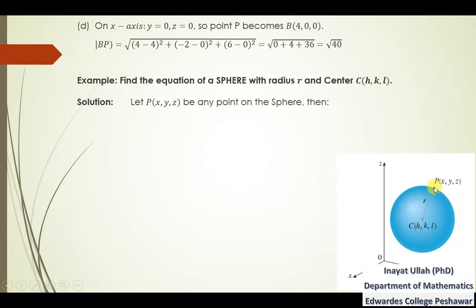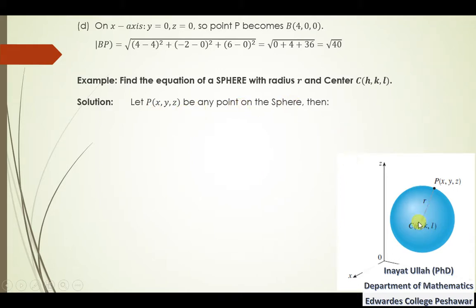Now let's say on the surface of this football we have taken a point P(x, y, z). You can take this point P here or there, somewhere there. The radius will remain the same because the center is the center of the football. So this point P can be considered anywhere on the surface of the football. This point P is any point on the sphere.